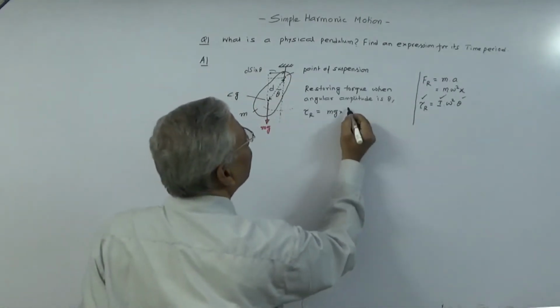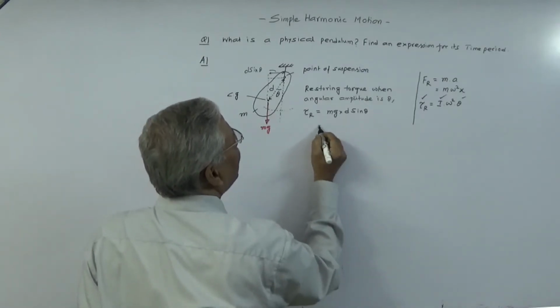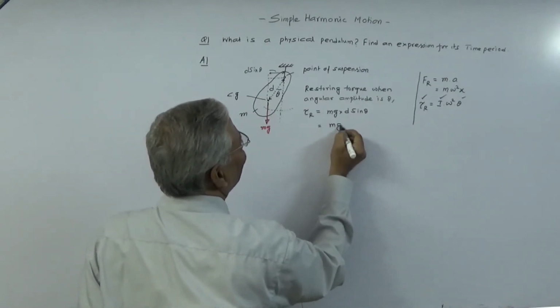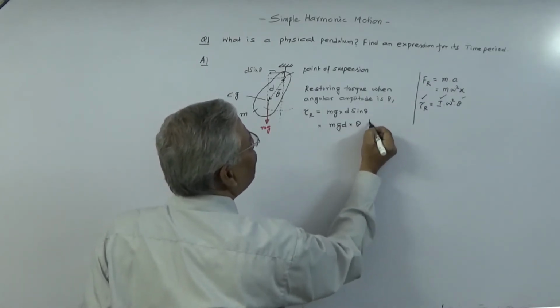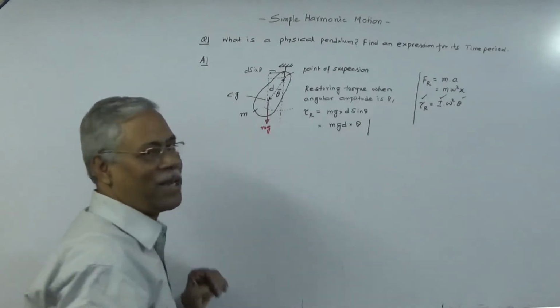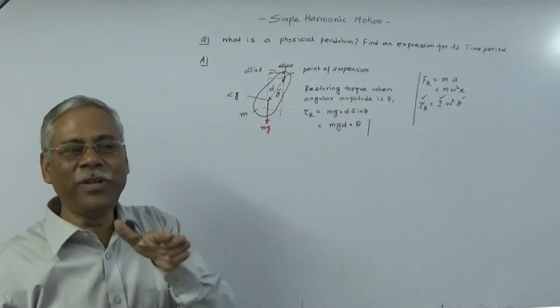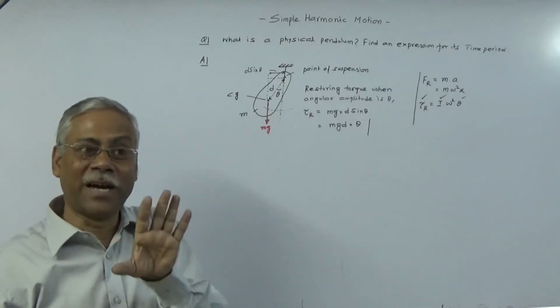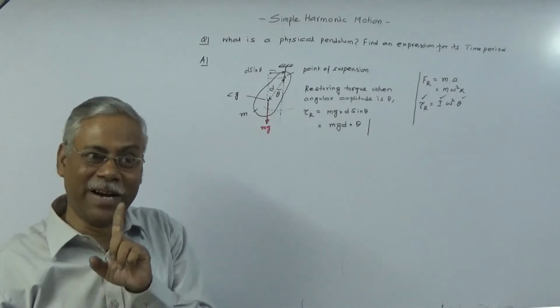mg d into theta. For small oscillation, for oscillation with small angular amplitude, theta less than or equal to 4 degrees, sin theta equals theta, in radians.